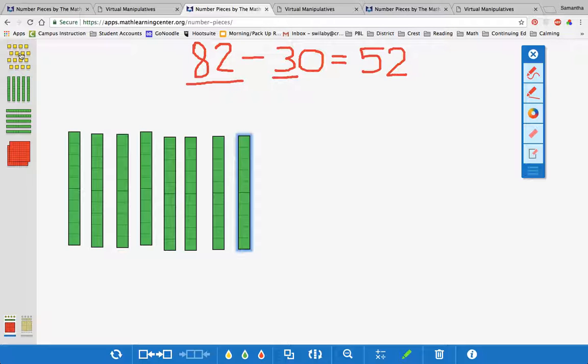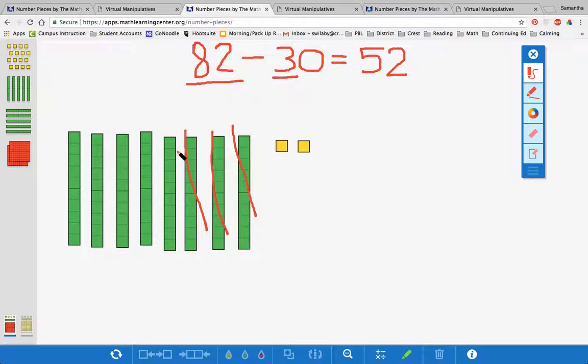And I'll need 2 1s for 82. 1, 2. I'm subtracting, so that means I'm taking some away or getting rid of some. I want a smaller number. And if I'm taking away 30, I know that's 3 10s. So 1, 2, 3, or 10, 20, 30.